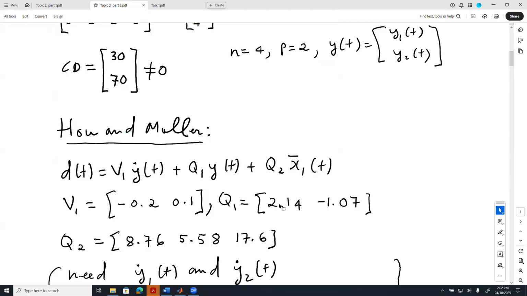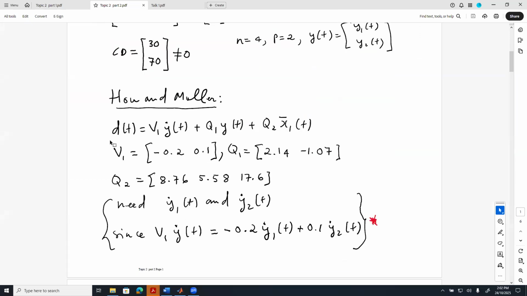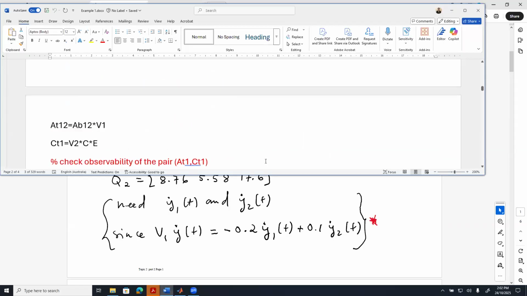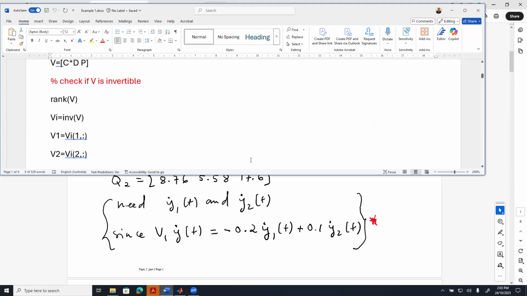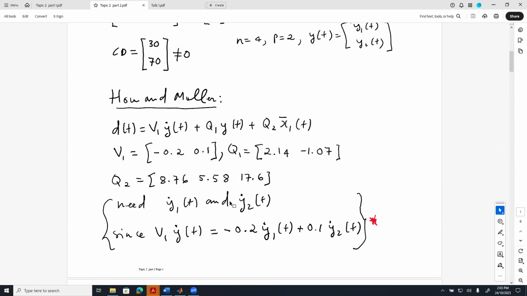Now, what we would like to discuss here is that according to this decomposition, matrix V1 basically contains two non-zero elements. The reason for that is because there was no guideline on how we pick matrix P. So in this code here, I just pick it to be arbitrarily 1 and 2. And based on this selection, that leads us to this matrix V1.